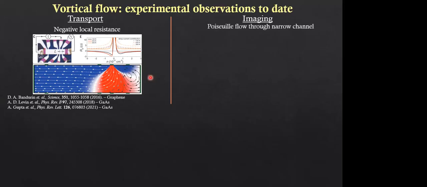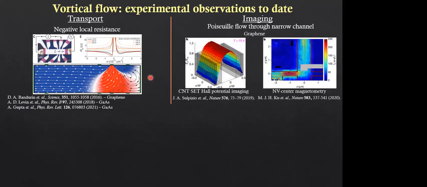On the other hand, for imaging, people have tried to observe Poiseuille flow through narrow channels. There is some very nice work by Shahal Ilani's group at Weizmann, where they have used a single electron transistor. Or there's work from Amir Yacoby's group at Harvard, where they have used nanoSQUID-on-tip magnetometry to show that electrons can have Poiseuille flow in a narrow channel.